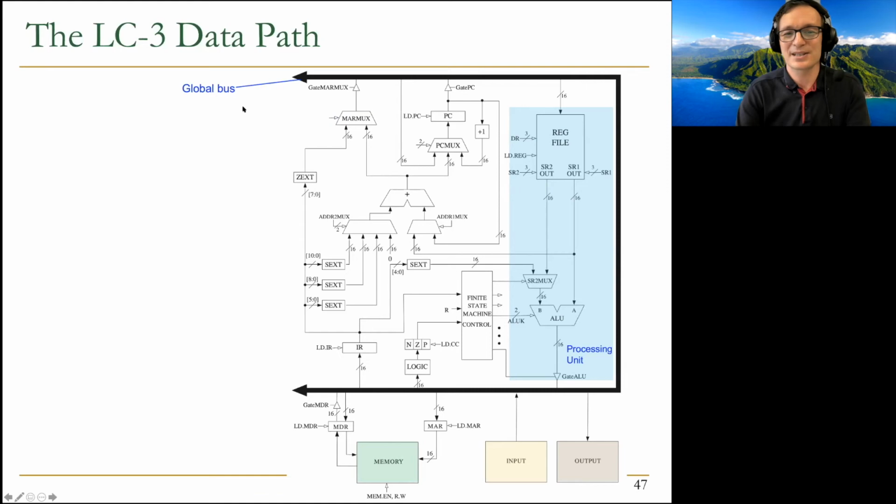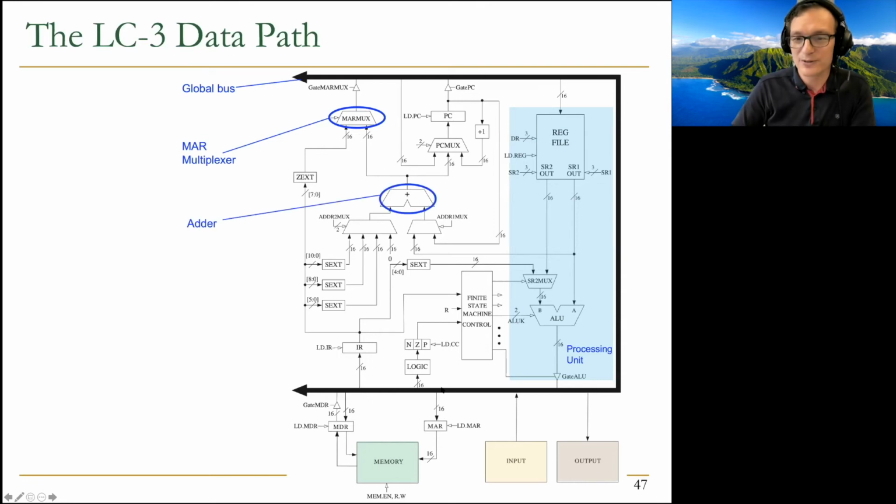Okay, so basically, we've kind of constructed the LC3 data path for address calculation, right? So if this is a global bus, we actually are going to use a memory address register mux. This is how we load the memory address register, actually. And if you look over here, this is the adder that's used for address calculation. And we've seen some example address calculations here. So for example, the sign extension bits over here, this is the bottom 6 bits of the instruction.